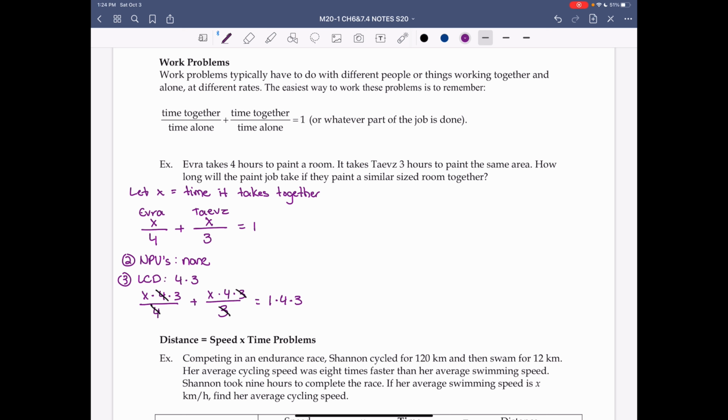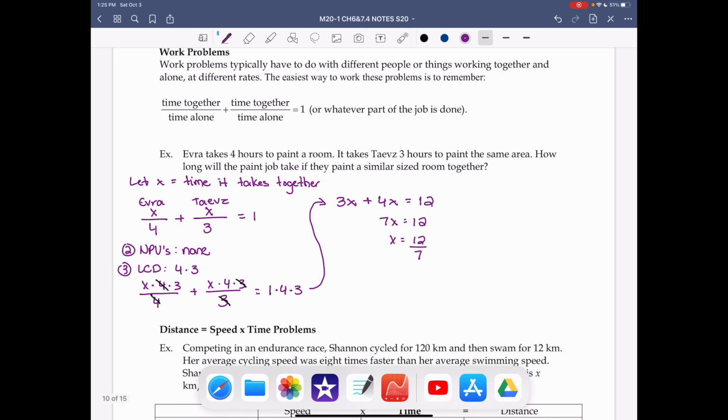We're left with 3x plus 4x equals 1 times 4 times 3 is 12. Combine our x's, 7x equals 12. Divide by 7, x equals 12 over 7.